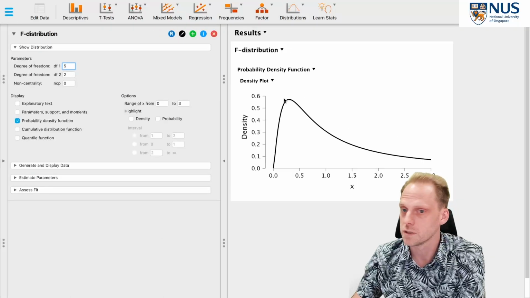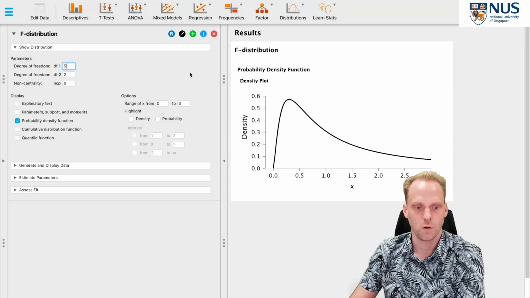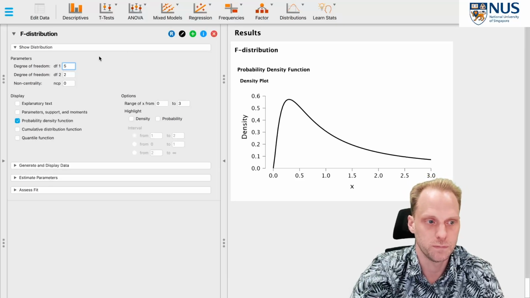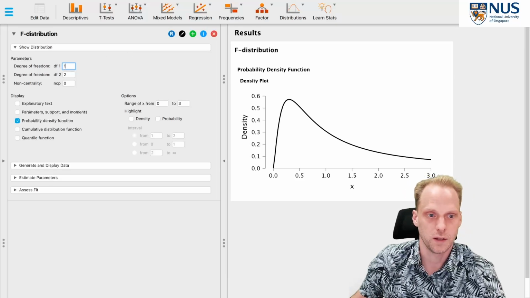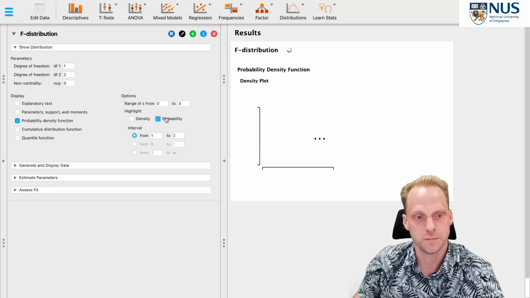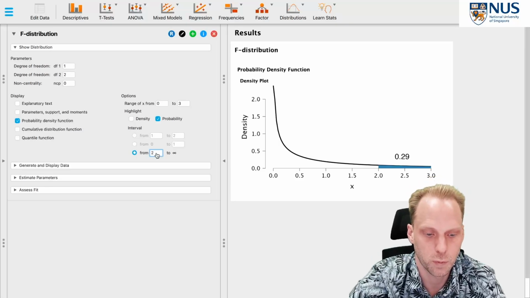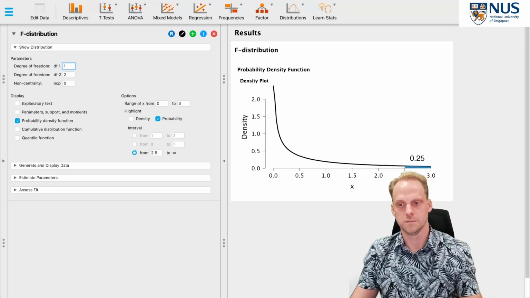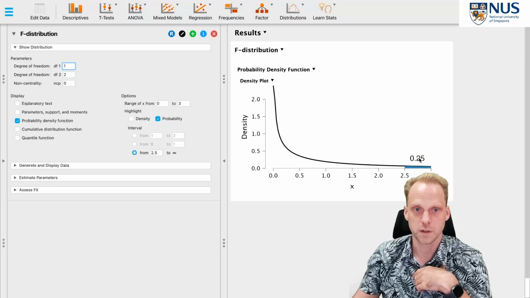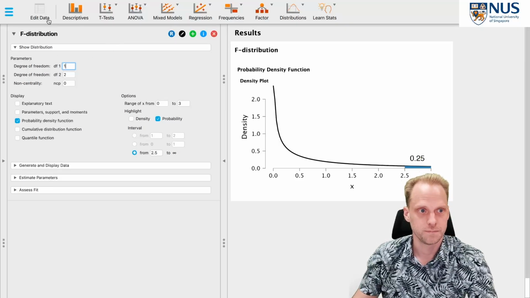You don't have to do this, the output will give it, but just for the sake of looking at this. So we had degrees of freedom 1 and 2, and with an F value of 2.5. That gives me a p-value of 0.25, which in this case would not be significant.